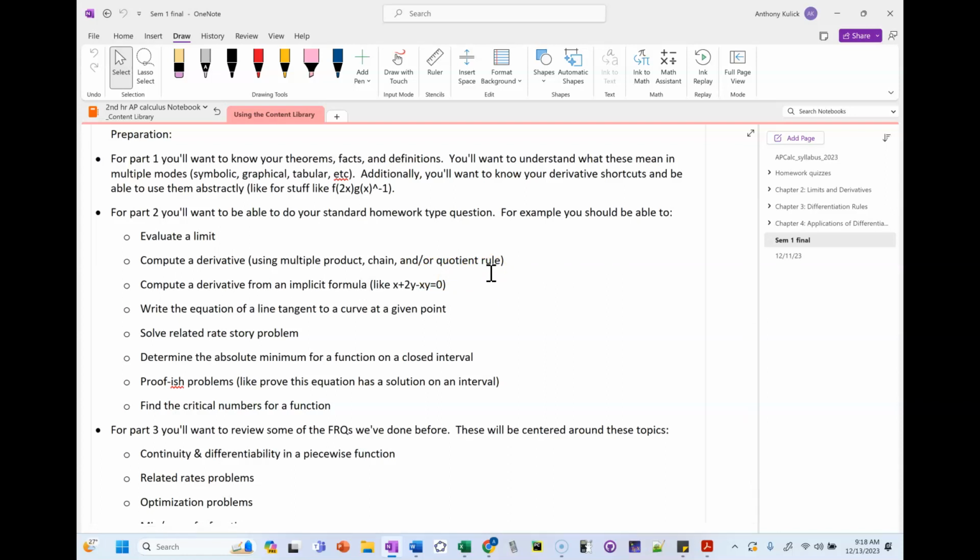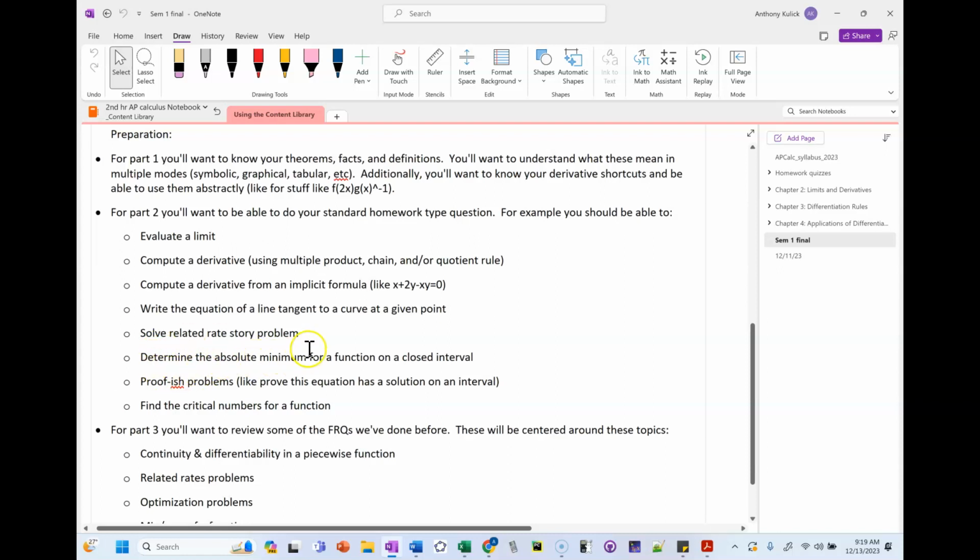You should be able to write the equation for a line tangent to a curve at a given point. We've done that a bunch of different ways in a bunch of different contexts, but you should still be able to do that. You should be able to solve a related rates story problem for one specific thing, like finding the rate at which volume is decreasing with time.